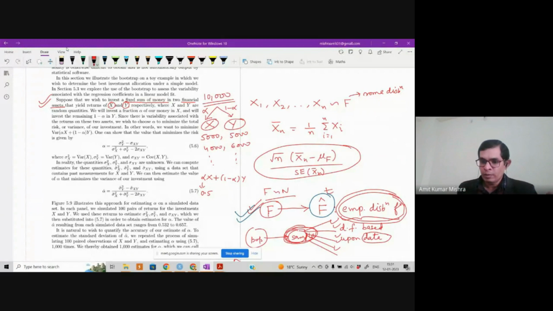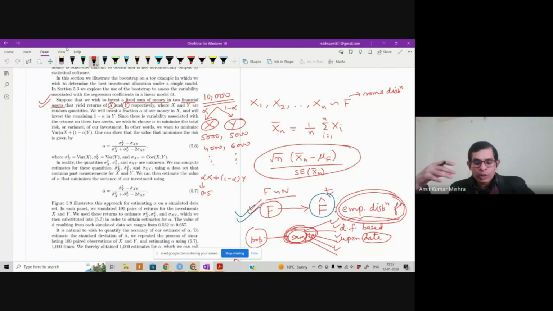That means 50% allocation is there. Then from the first one the return is capital X, and from the second one the return is capital Y. So this is our return.